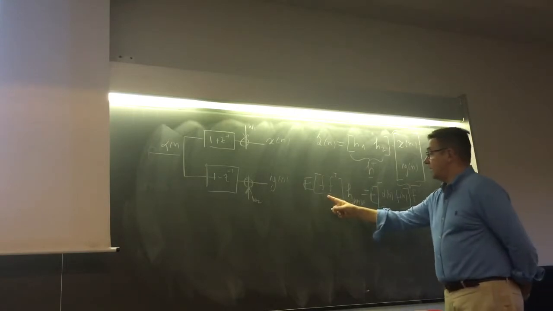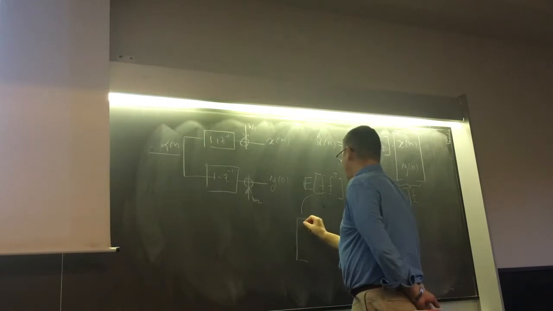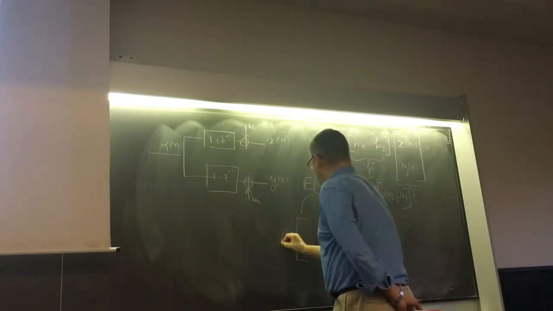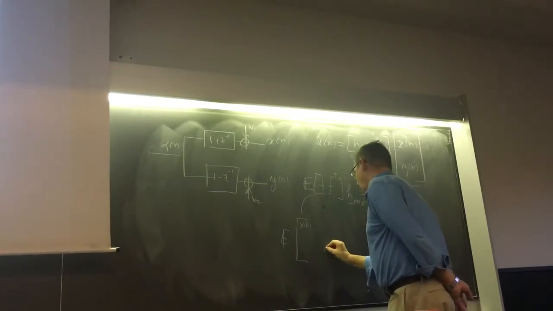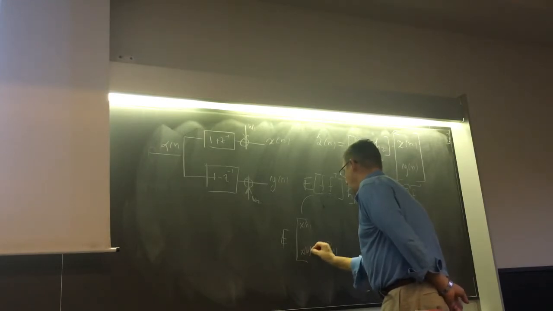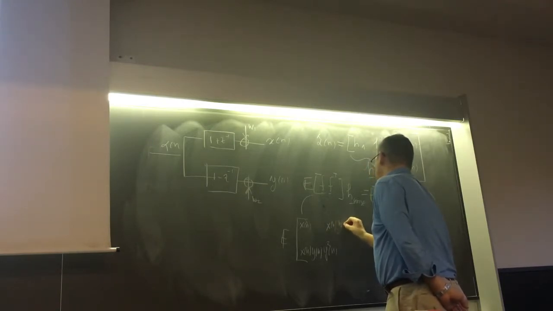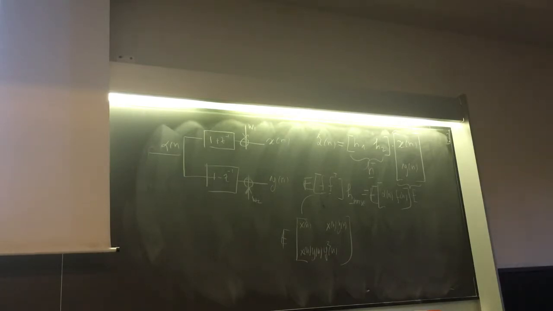Now, looking at this one, here I have the expectation of xn with itself, so the expectation of xn squared. Here I have yn squared. Here I have xn yn. I chose two simple examples to show that it's not perfect. I could have chosen another example, that's okay.